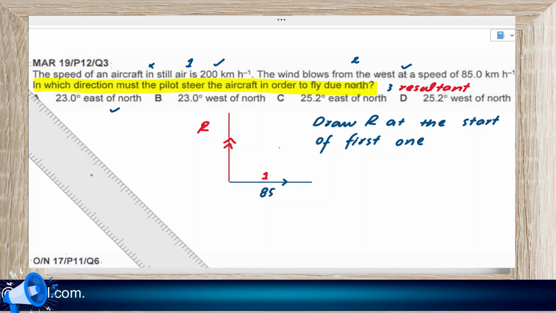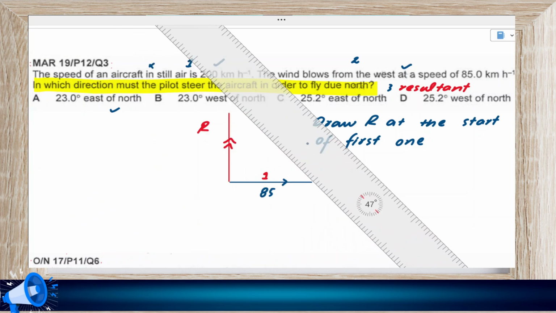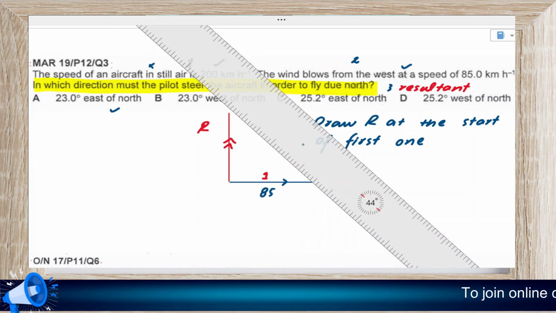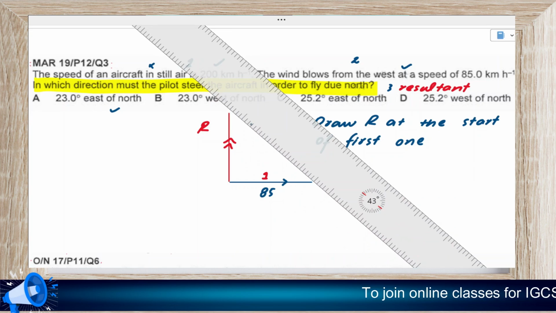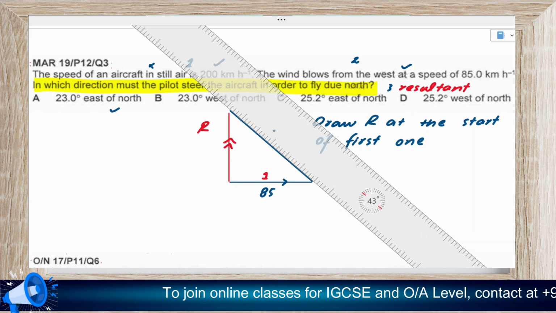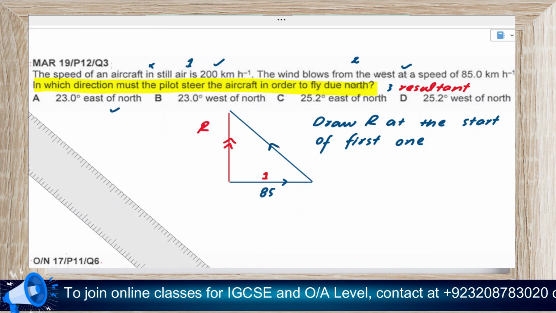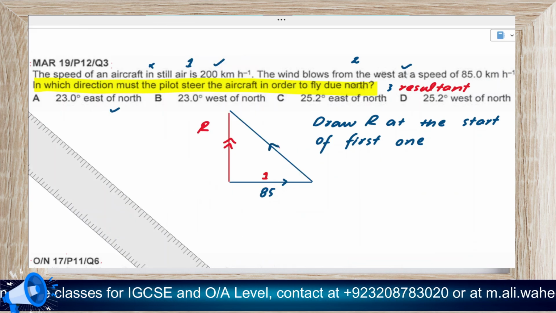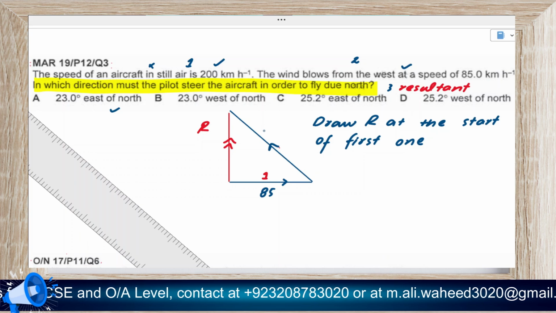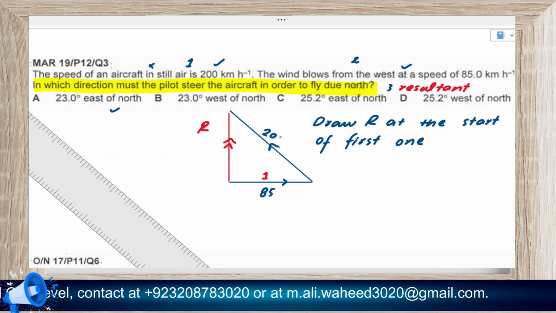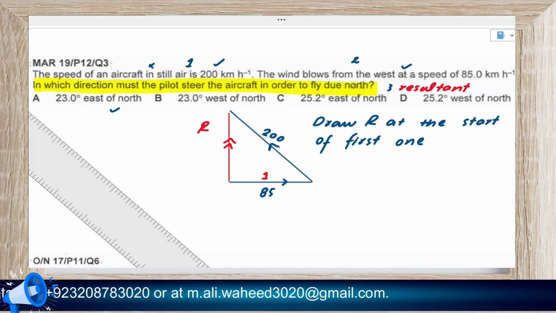Alright, up next, the second vector can be obtained by joining these two. And this one was 200 kilometer per hour.